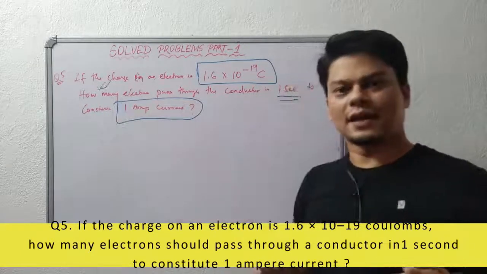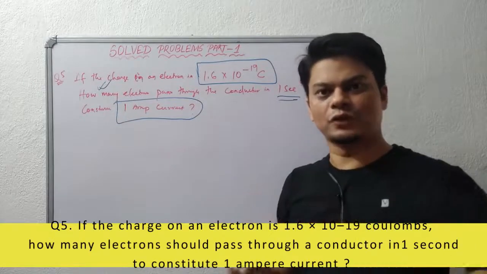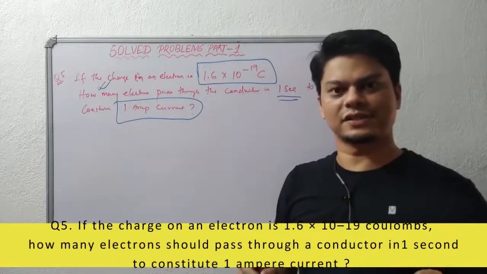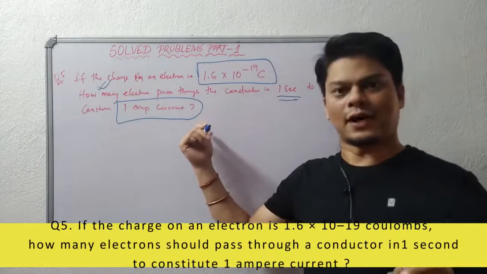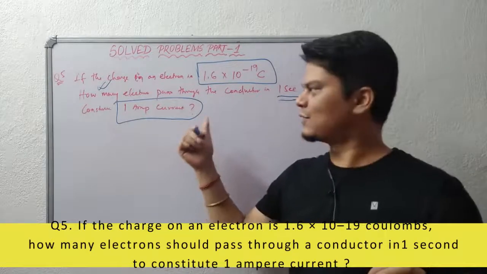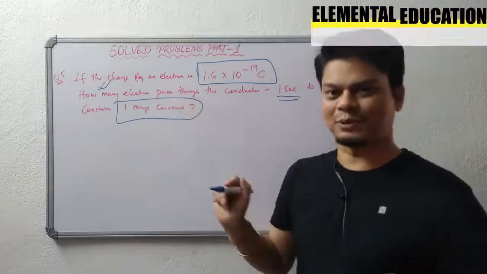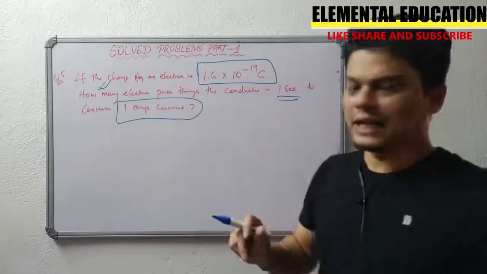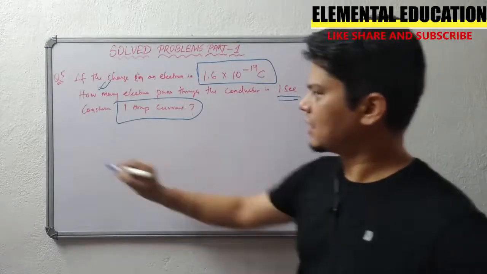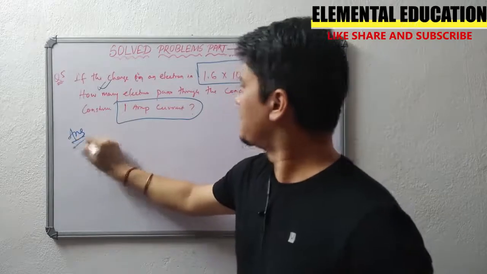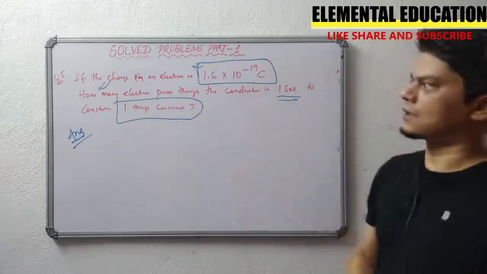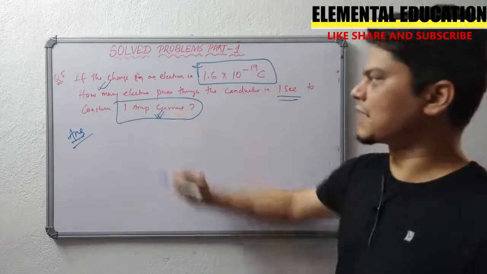So guys, I have given the questions below the video. Please note those questions and understand the solution for them. I hope this handwriting might not be visible to you. So let us approach this question. We have been given the charge of an electron, and 1 ampere current should pass through this circuit.